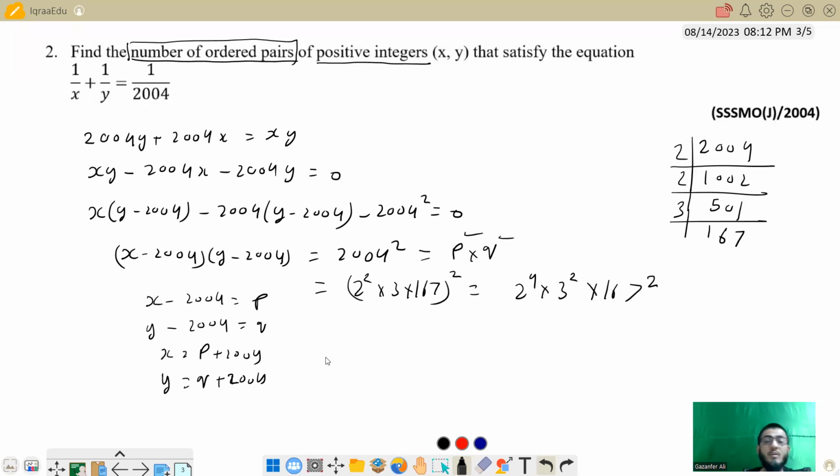So what we have to do now? If I see this, how many factors are there? 5 into 3 into 3, so 45 factors of 2004 square are there, right?